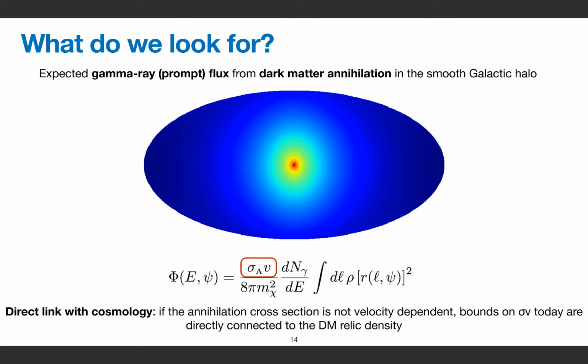What is the signal that you are actually looking for? Well, this is an example of what you do expect for the flux of photons produced by dark matter annihilation that comes from this prompt emission I was describing before. This is the map of the full sky, where longitude runs on the x direction and latitude on the y direction, and the center is the galactic center.